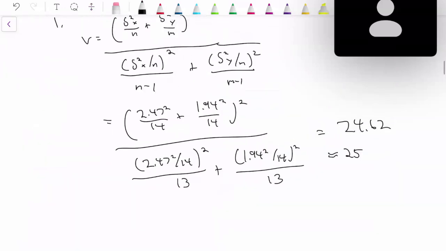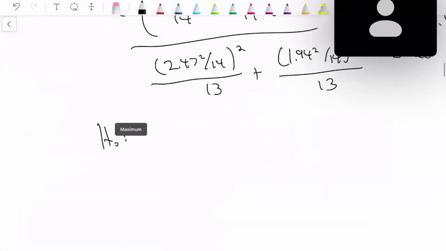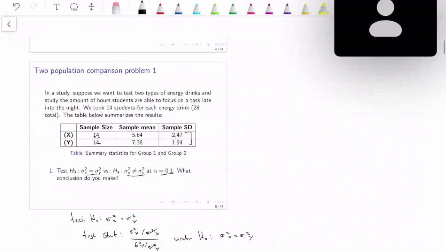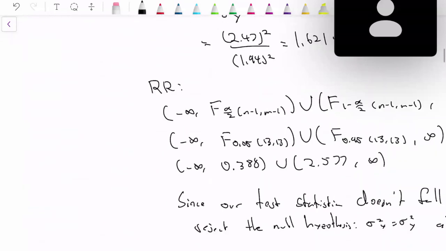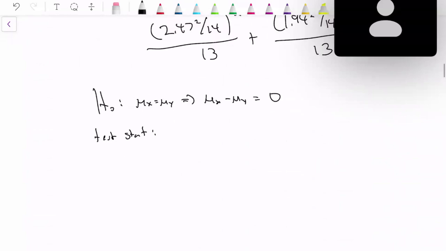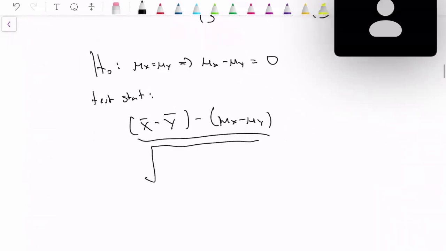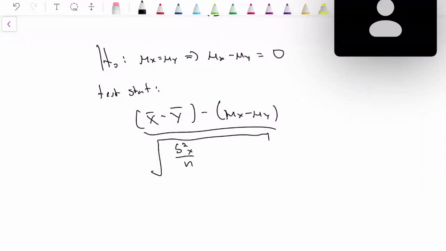Okay, so now that we got the degrees of freedom, we need to do the test statistic now. So mu x equal to mu y is the same thing as testing mu x minus mu y is equal to 0. So in our test stat, it'll be x bar minus y bar minus (mu x minus mu y) divided by the square root of s squared x over n plus s squared y over m.